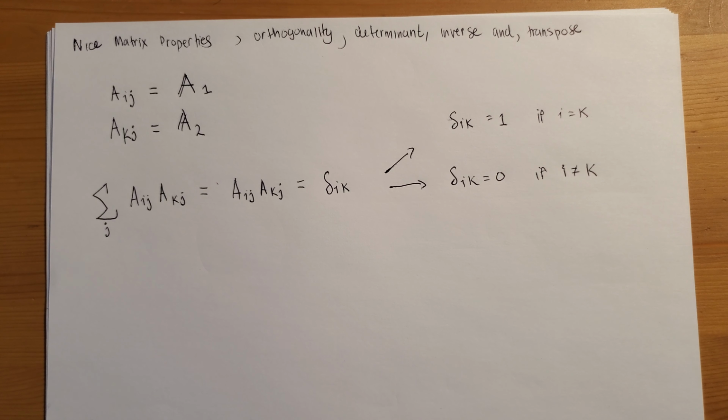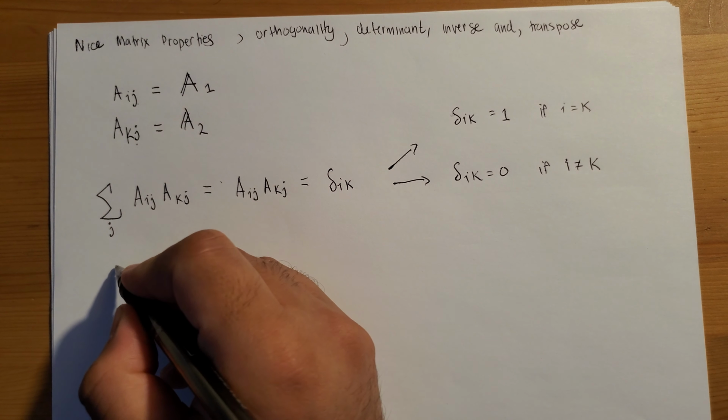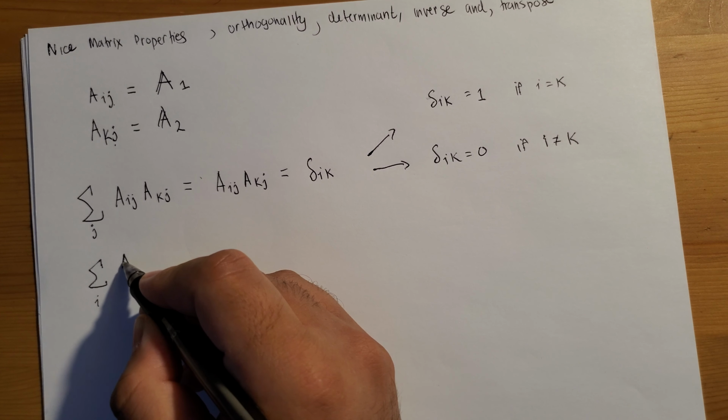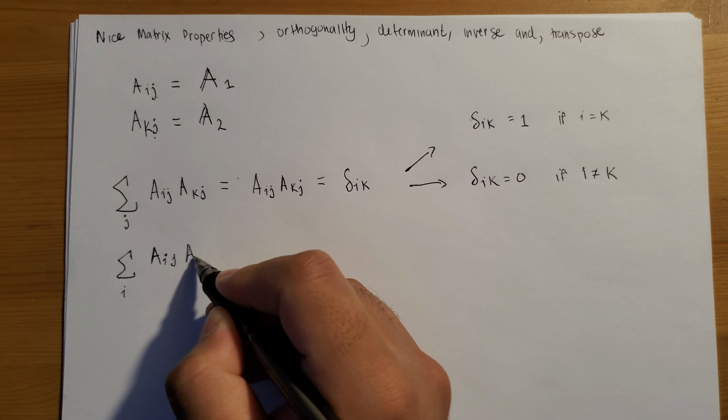So this is also the same case for columns, right? Here we did it for rows, which is our second index, but let's say now we do a sum over i, where now we have Aij and Aik.